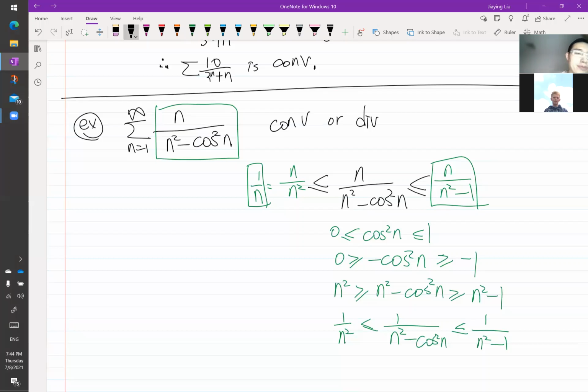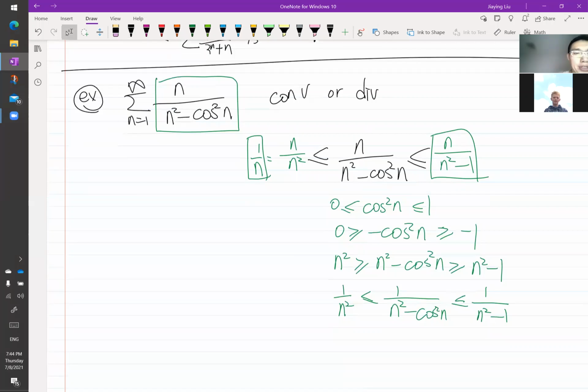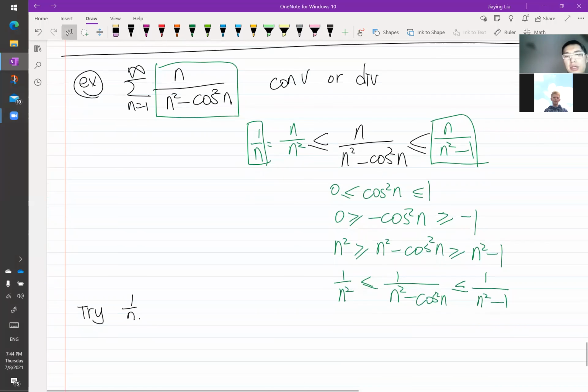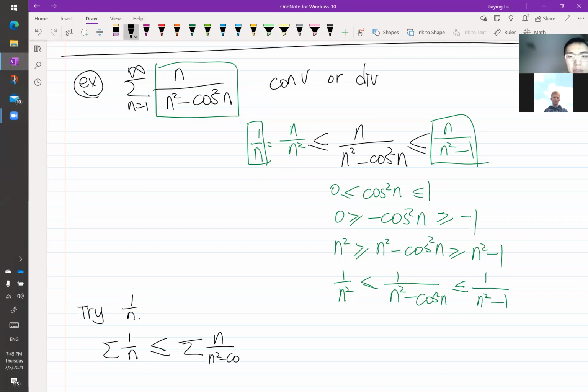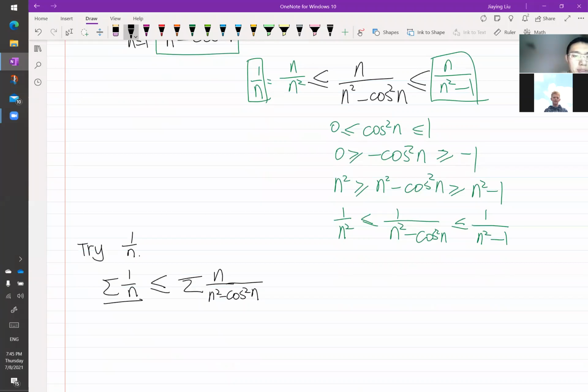Daniel said it doesn't help. We'll find out, right? So let's begin with 1 over n. Because it's smaller than the given function, the series of 1 over n is going to be less than or equal to the series of n over n squared minus cosine square n. Let's just focus on the series 1 over n. What do we know about this?